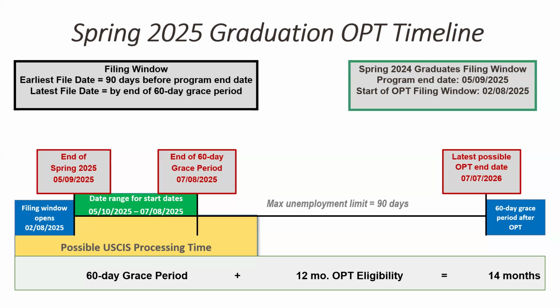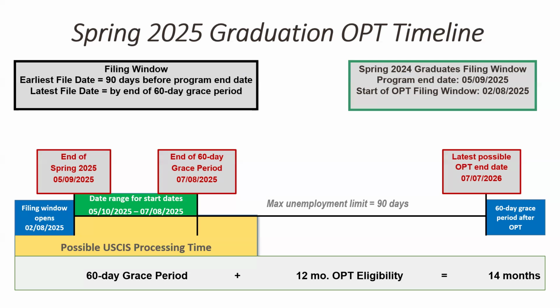if you file early, and let's say for whatever reason USCIS denies your application, if you filed in February and USCIS informs you in May that your application has been denied, you're still within your filing window, so you can reapply if you want.